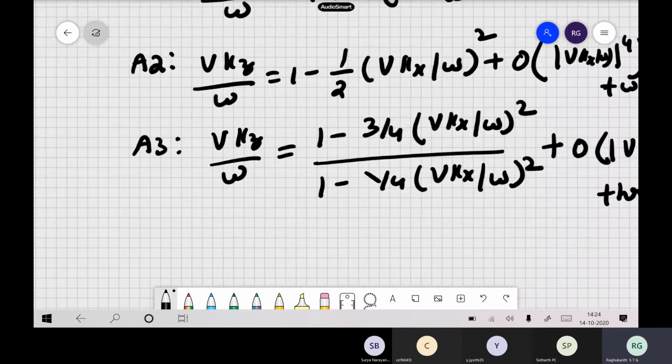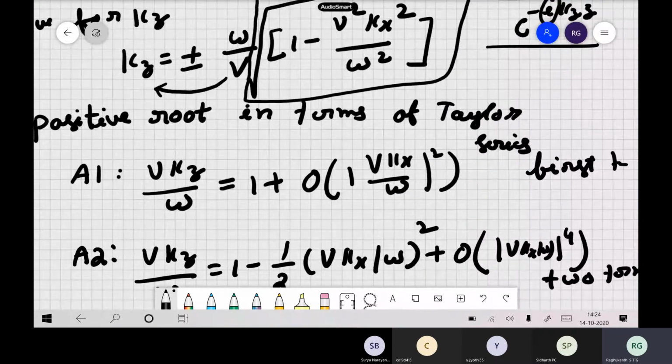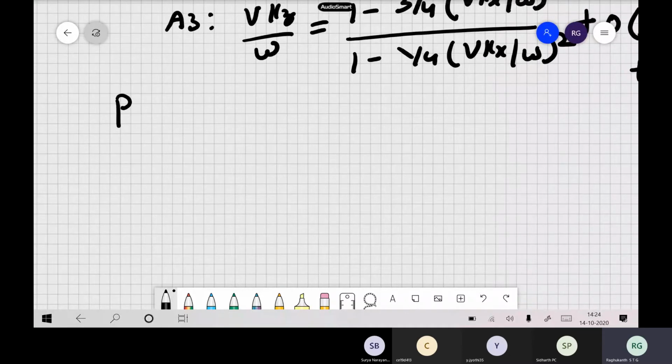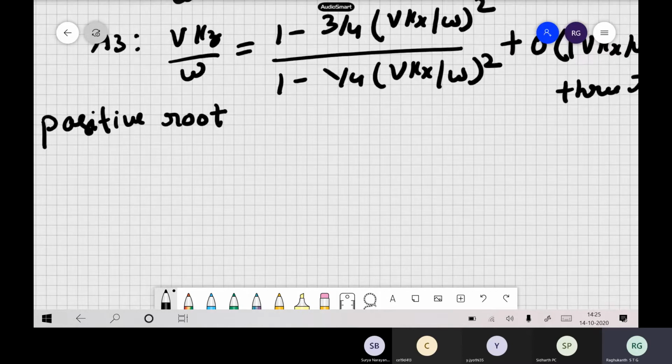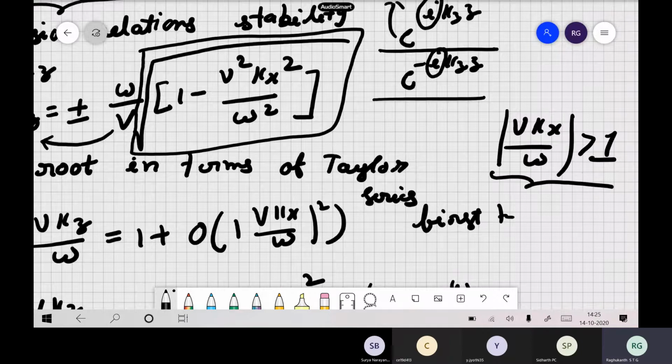Now when the root is positive, because of the sign convention and so many things, this is a positive root. If you take it, automatically it damps the solution. It's a long time we have said this. Suppose if you write this expression and v kx by omega is greater than 1, what happens to this square root?